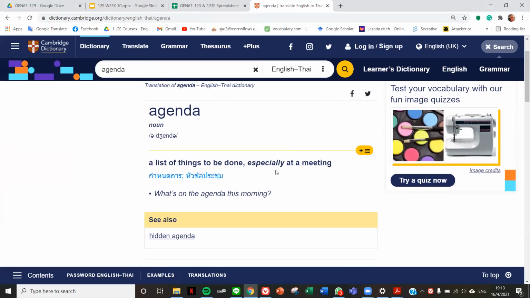Especially in a meeting, people will use this word to mean a schedule or the list of things that needs to be done, like a checklist. Today's agenda, we will talk about the current issues in our department. Secondly, we will talk about the final exam, and how we should conduct it. Depending on what kind of department you work in, the agenda will be based on the nature of the working environment.